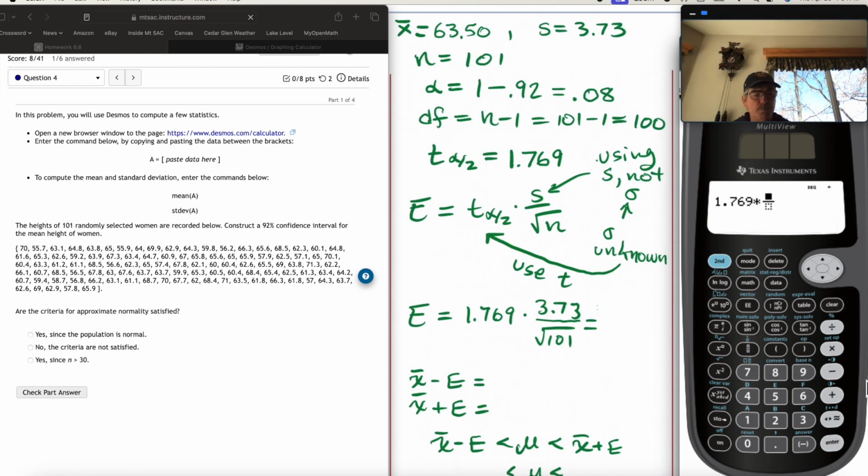Okay, so s, 3.73, over the square root of n, that would be the square root of 101. And again, we're going to keep 2 places after the decimal, so 0.66.